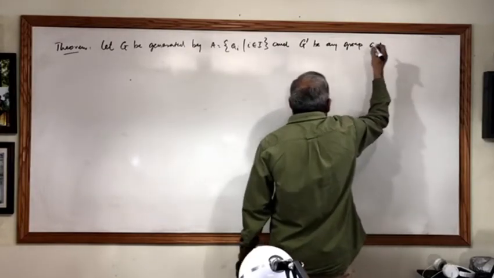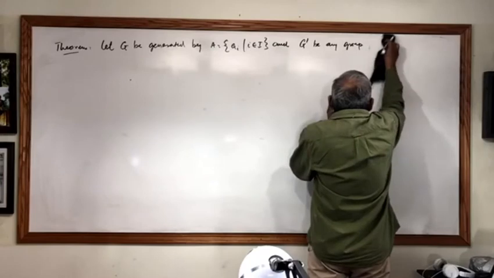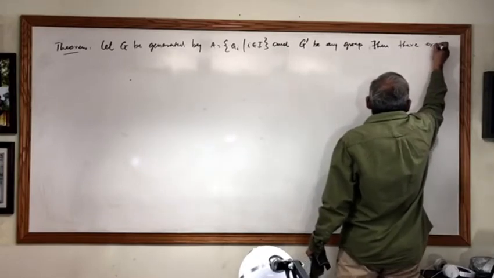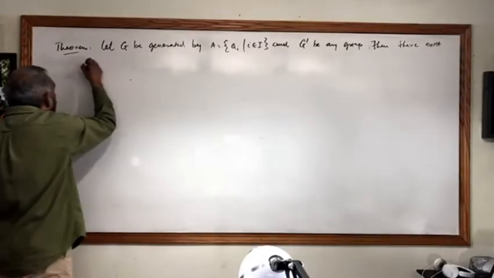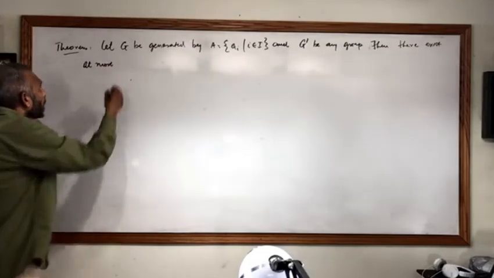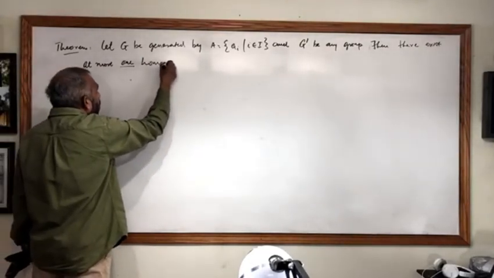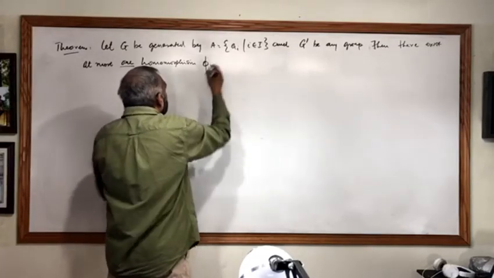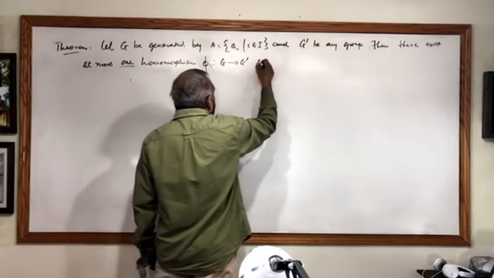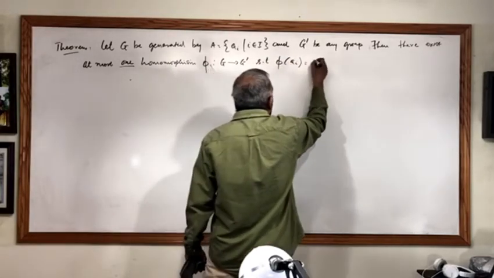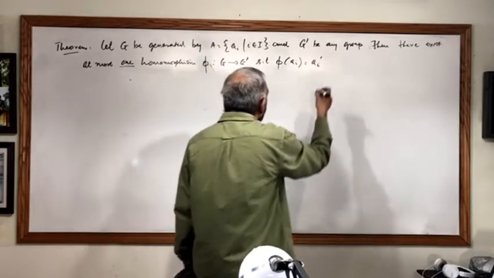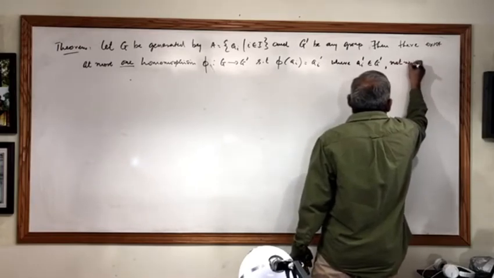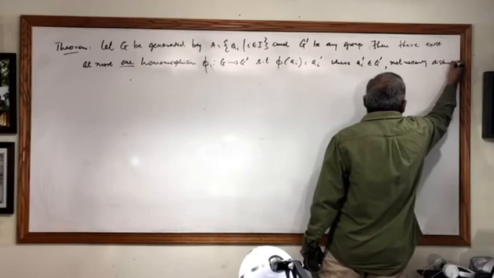Then there exists at most one homomorphism phi from G to G prime such that phi of a_i is equal to a_i prime, where a_i prime belongs to G prime, not necessarily distinct.